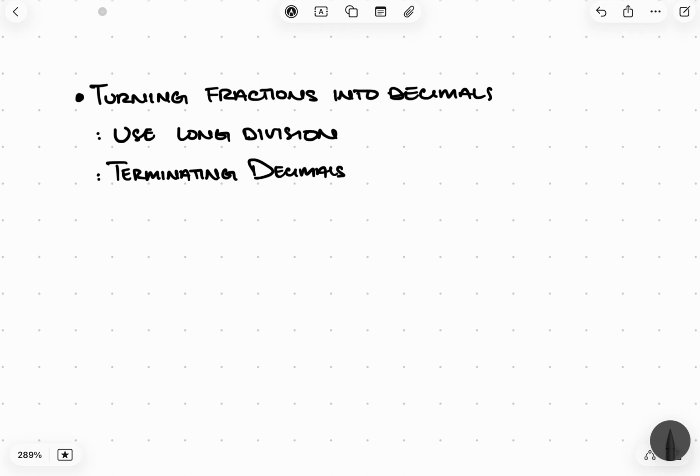And terminating decimals is when, let's draw an arrow here just to define it. It is when a decimal does not repeat.